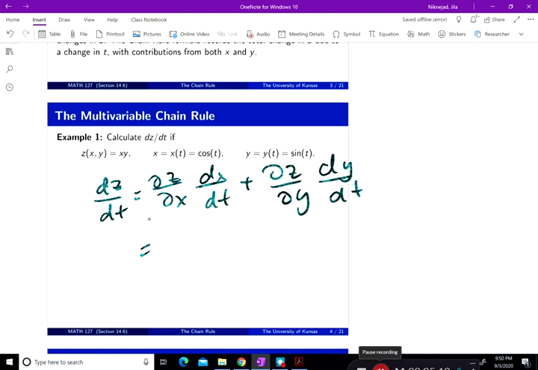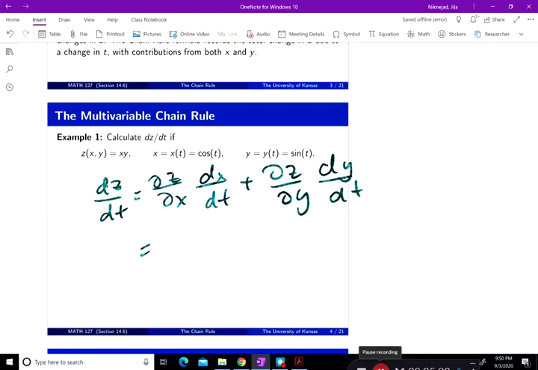It's important that the output is going to be a function of t, so it's important to convert x and y into functions of t after the calculation.